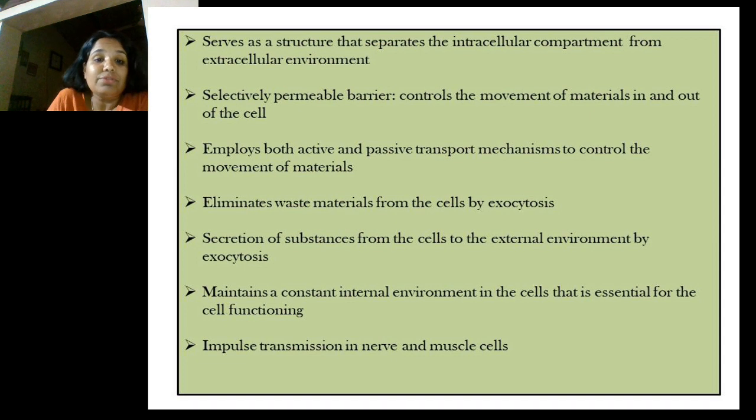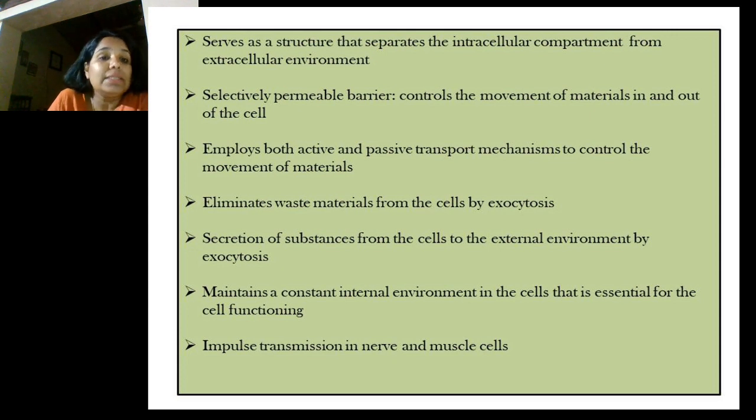Again, another important function of plasma membrane is the elimination of waste materials from the cell. All the waste materials that are formed inside the cell are packed into vesicles, and these vesicles are brought near the plasma membrane and then they are sent out of the cell by exocytosis. Same is the case with secretory substances also.